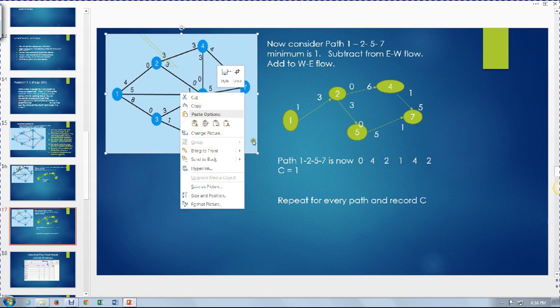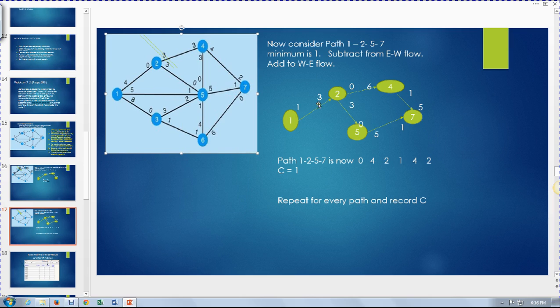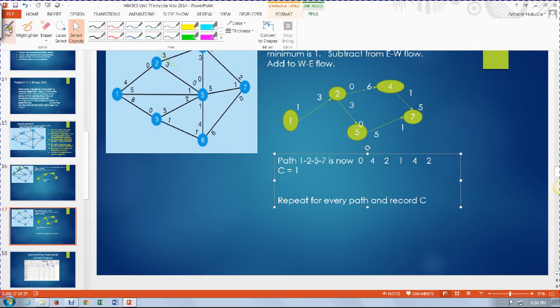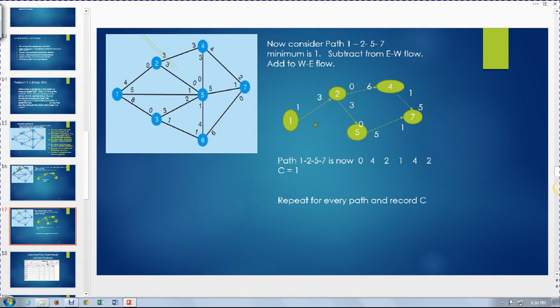But remember, 1 and 2 have changed. Their forward and reverse capacities changed from the first thing that we did. So what we have now is forward capacities of 1, 3, and 5. The minimum, again, is 1.